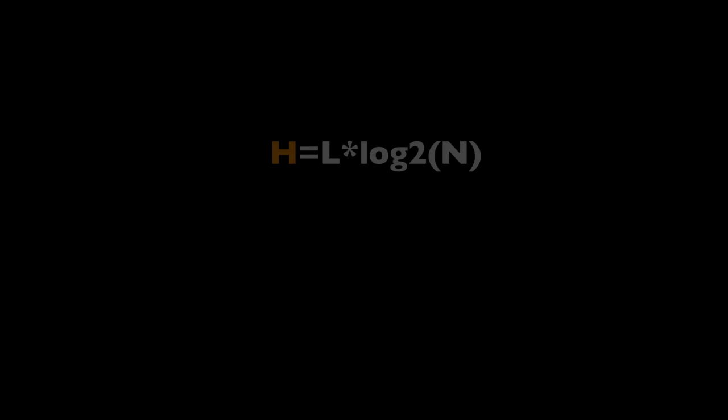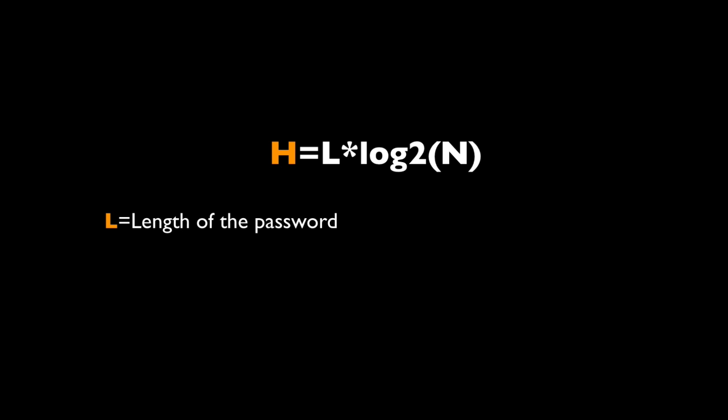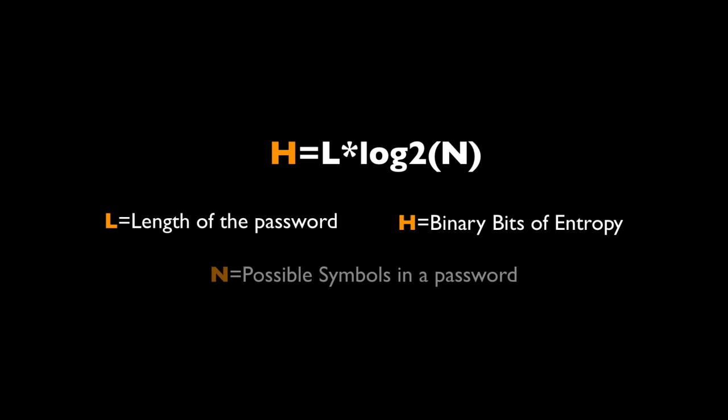All right, so let's look at an entropy example and things will be much clearer. We calculate entropy using the following formula: H equals L log2 N. L is the length of your password. H is the total binary bits of entropy. Entropy is calculated using bits.